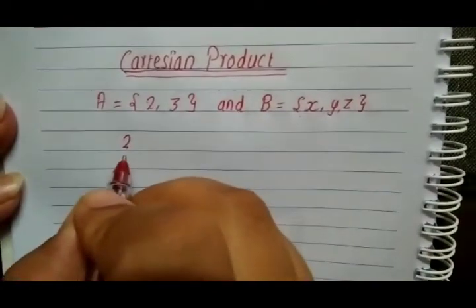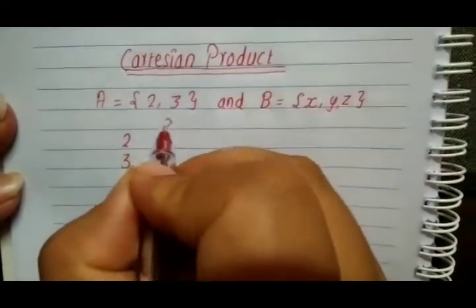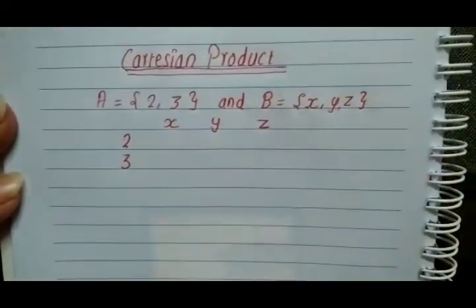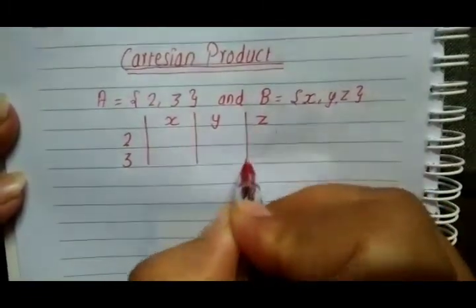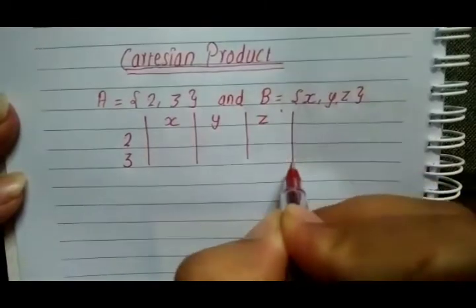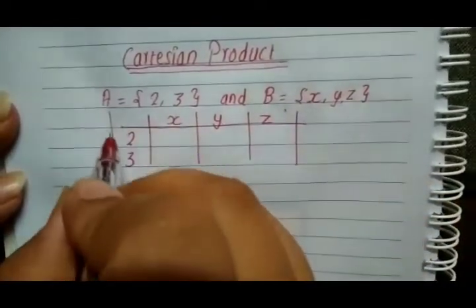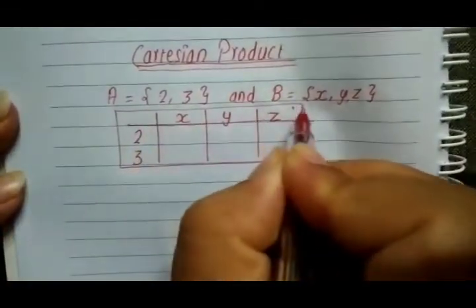So I'm writing here 2, 3, and at the top I'm writing x, y, z. Now I'll make one box. This is one box. Let's make this a complete box.